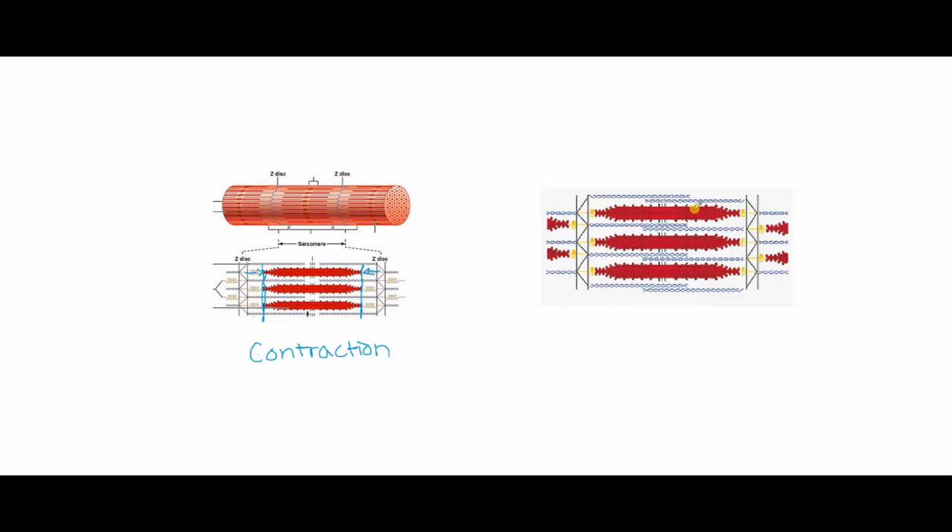Now, I kind of want to touch on this a little bit more and explain the all or none principle, which is something I quick mentioned at the beginning of this part. If we're talking about the all or none principle, we're talking about the fact that muscle fibers and the sarcomere in general cannot contract partially.